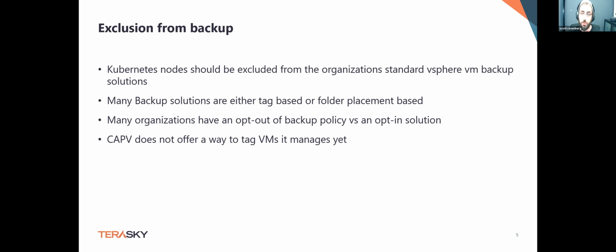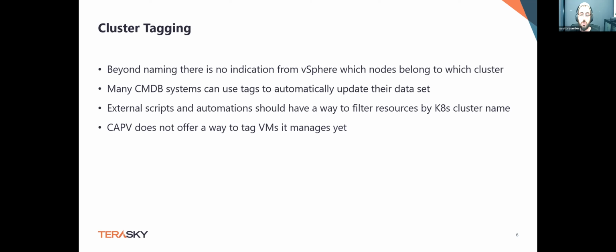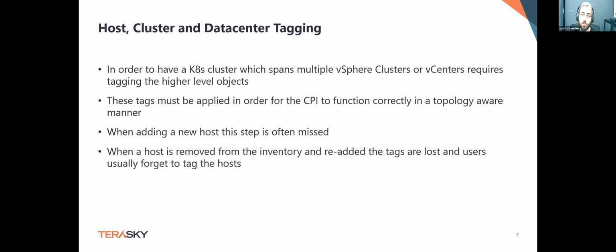And so we wanted to build that in, as well as tagging our clusters, what cluster a specific node belongs to, in order for our CMDB system to be able to automatically update its data set based off of vSphere tags and bring in our clusters under the CMDB's management.